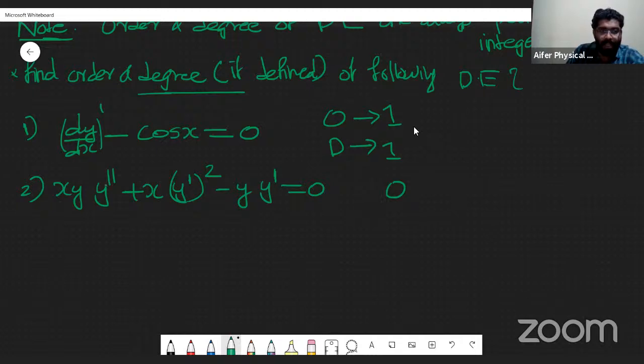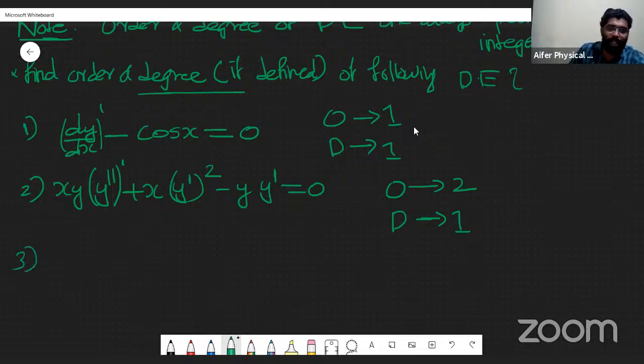This term has a double derivative, so order 2. This term has only one derivative. Here also. Is degree defined here? Of course, this is a polynomial in derivative, right? So degree is also defined, and the degree is the power of the highest order derivative, which is 1. So the degree of this differential equation is 1.